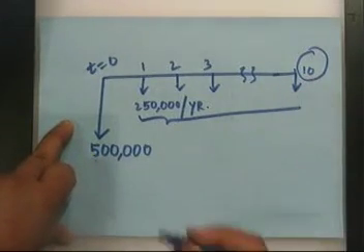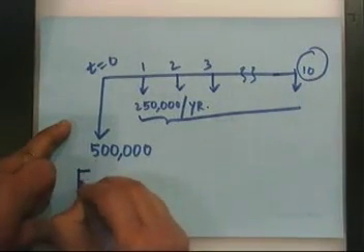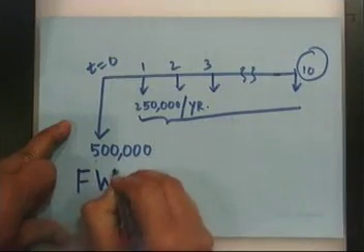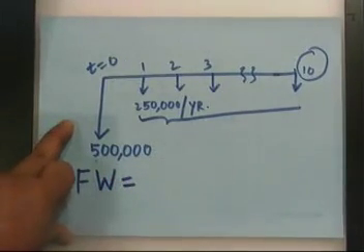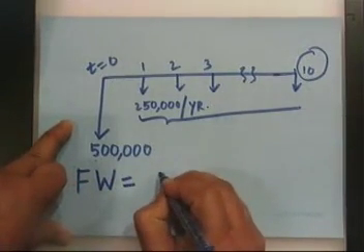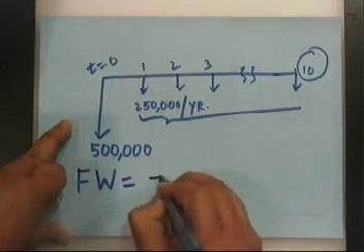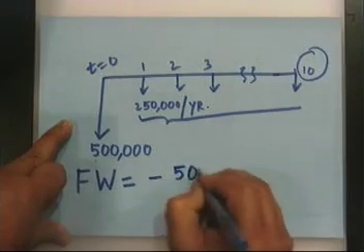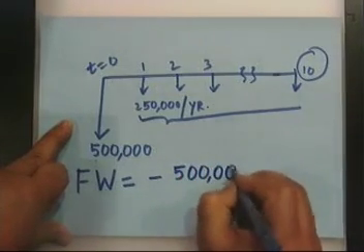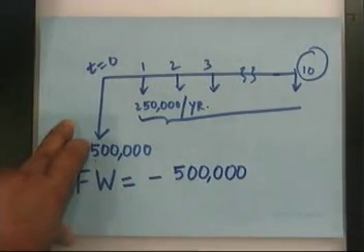What I will do is, I will write future worth, I will call this FW, and this will be equal to minus 500,000. If you remember, I am writing minus because all these things are costs, they are going out of my pocket.